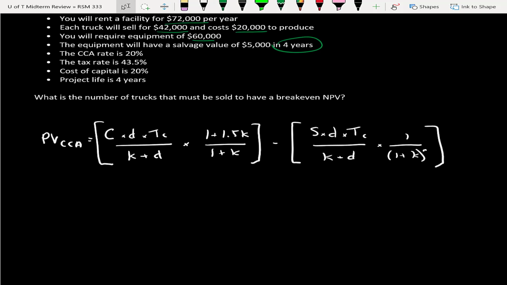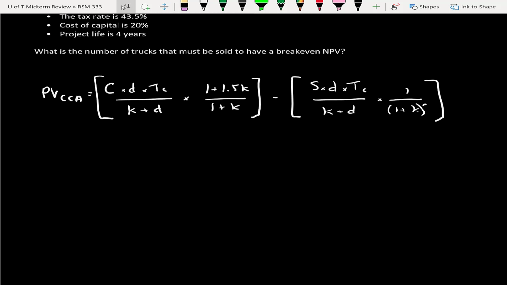I've just put the CCA formula here for the time being, but let's go over the methodology first. There are two methods that the book uses. I'm just going to use the one that I think makes the most sense. You'll get the same answer in either one. The first thing you do is convert everything to annual cash flows.